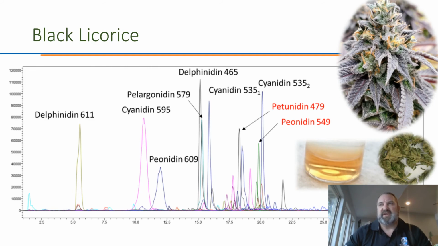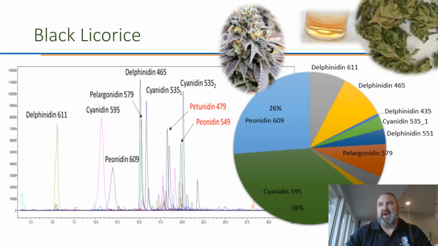We can also project this as a pie chart as before, and you can see a little bit more interesting distribution of some different anthocyanins than we had with the catawba grape, and some different distributions. So we're just starting to learn what's in these things, and hopefully we'll be able to parse that out further.